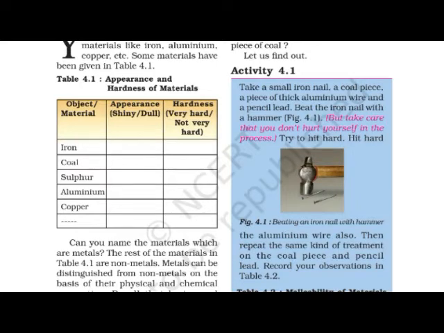Simply telling, iron, aluminium, copper show some of the properties of metals, and the remaining, coal and sulfur, do not show those properties, so they are the non-metals. We are going to discuss this in detail.